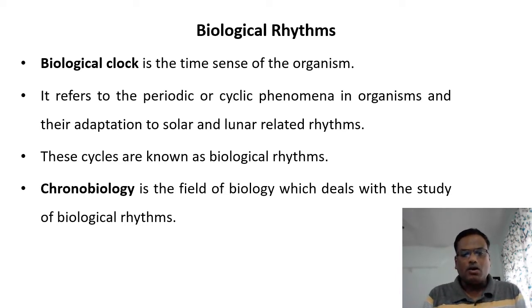The biological clock refers to the periodic or cyclic phenomena in organisms and their adaptation to solar and lunar related rhythms. Now remember, our clock normally represents a day. Of course, our clocks represent half day, 1 to 12.